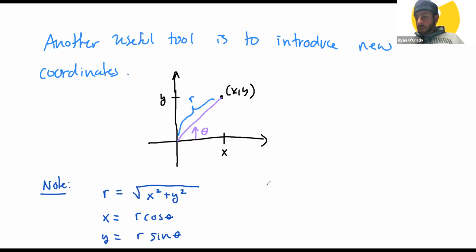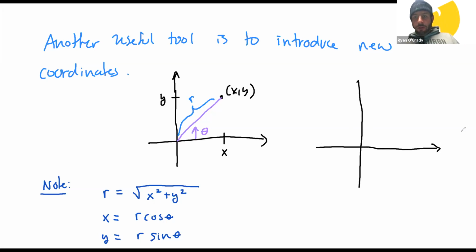So if I draw a picture again, we are going to reference this point not by x and y, but by r and theta, where theta is this angle and r is this distance.